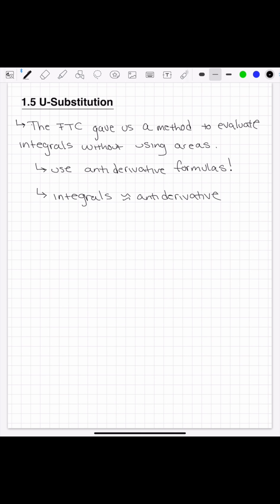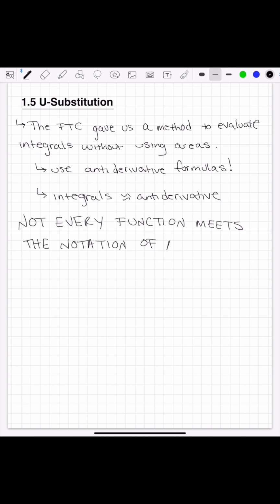However, not every function meets the notation of an antiderivative formula.